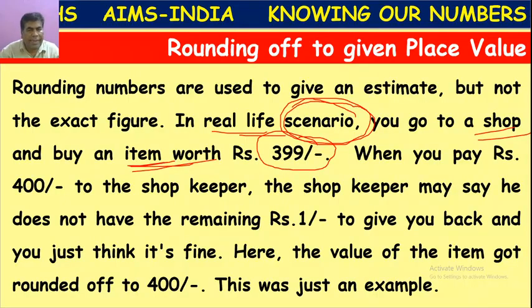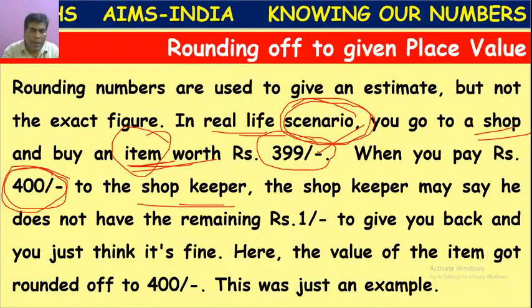But as you don't have exactly 399 rupees with you, what will you do? You will give 400 rupees to the shopkeeper. The item cost is 399 rupees, but you have given 400 rupees.